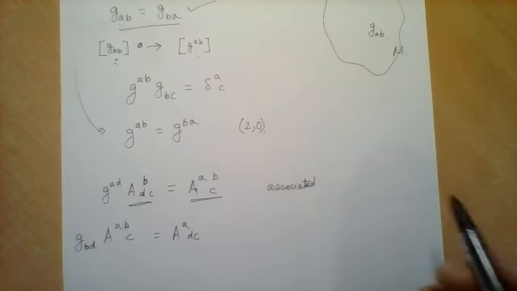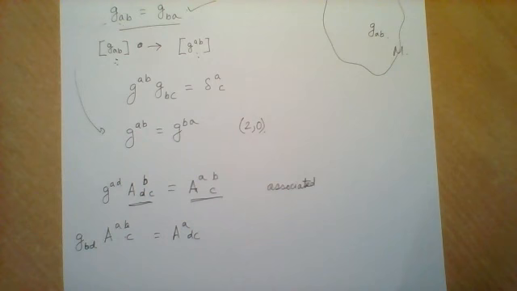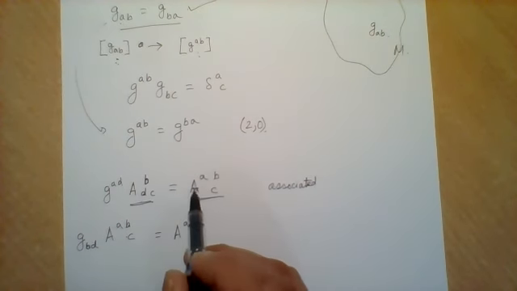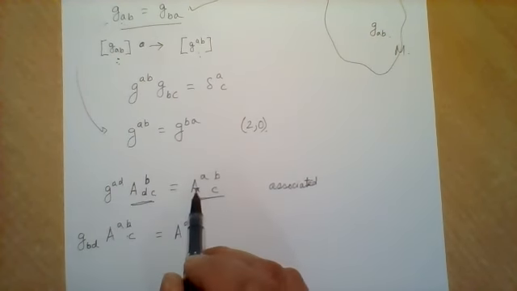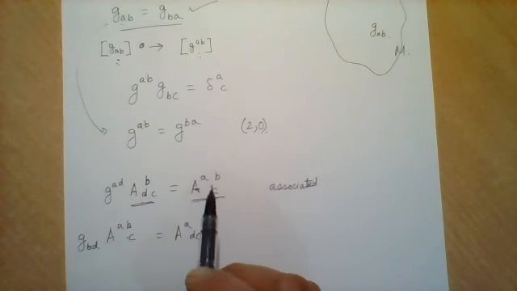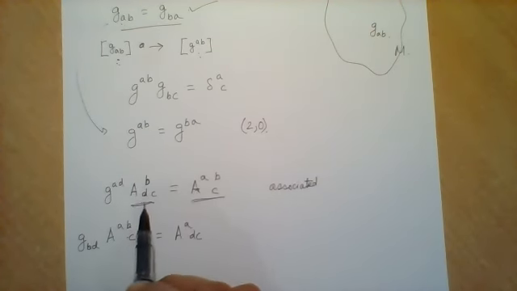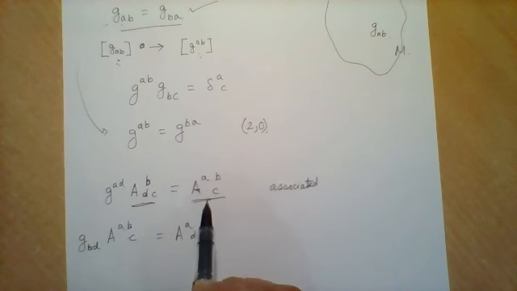Tensors which may be obtained from each other by raising or lowering indices are said to be associated tensors. We use the same kernel letter, by convention, but these two tensors are not the same.